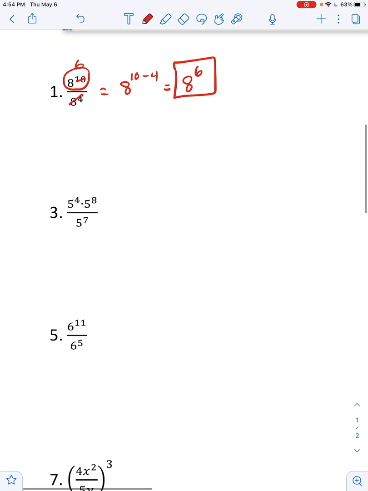Okay, now we have to go through and figure out how to do a problem that has multiple steps to it. I usually go through my problems and I do anything that's outside of parentheses. So if I have a power outside my parentheses, I'm going to multiply that in first, so that in that scenario, my powers are multiplied. Then I do neighbors. I just call them neighbors because they're going to be next to each other.